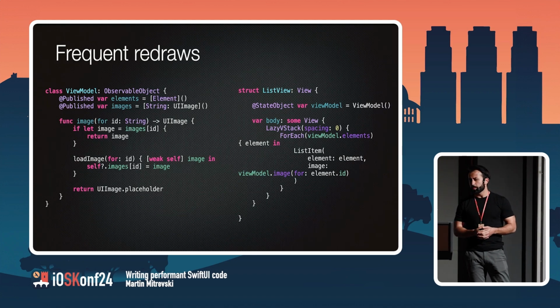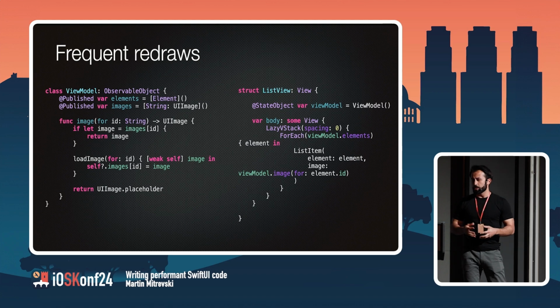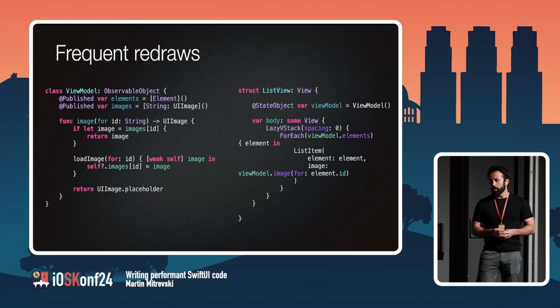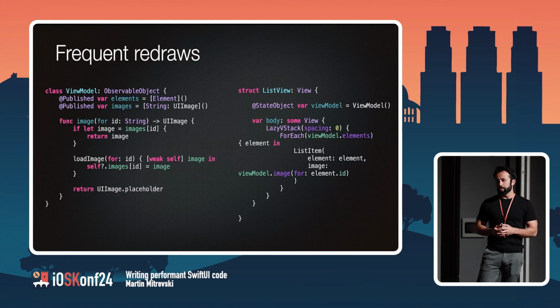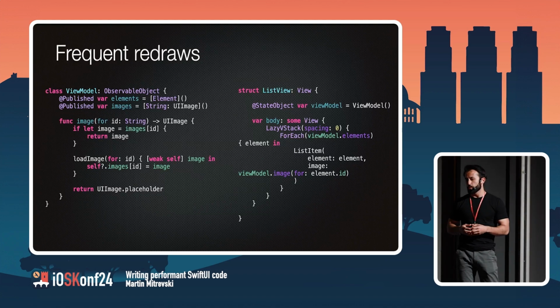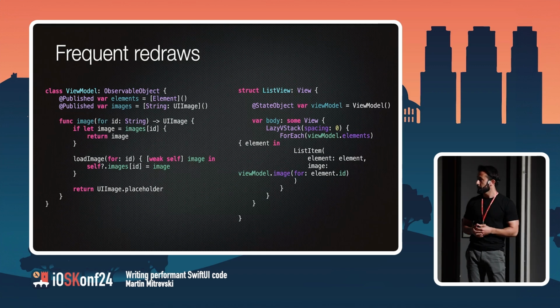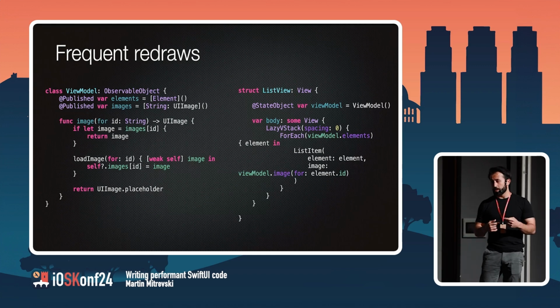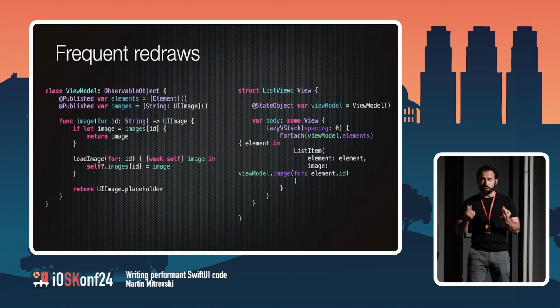On the left, there is a view model with a list of images and a method that returns an image. If you have it cached, it returns it immediately, and if not, it tries to load it while returning a placeholder immediately. When the image comes back from the backend, the published variable is changed.